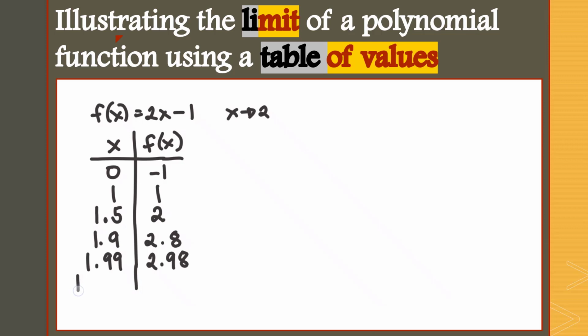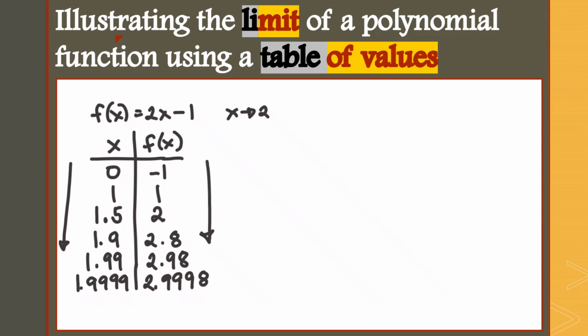If we have 1.9999, closer to 2, 1.9999 times 2 will have 3.9998, minus 1, you will have 2.9998.